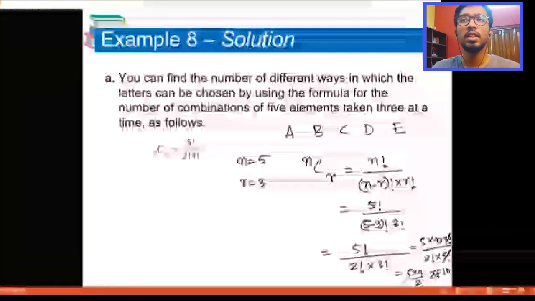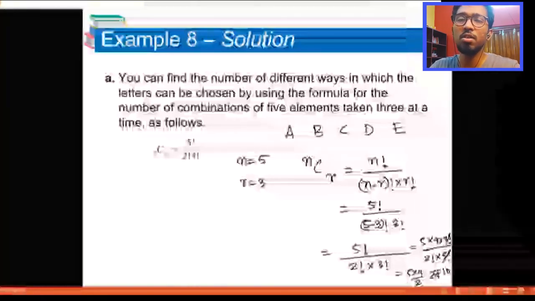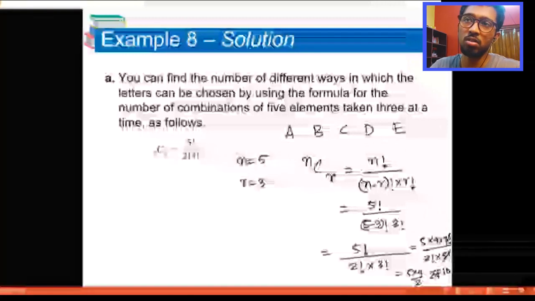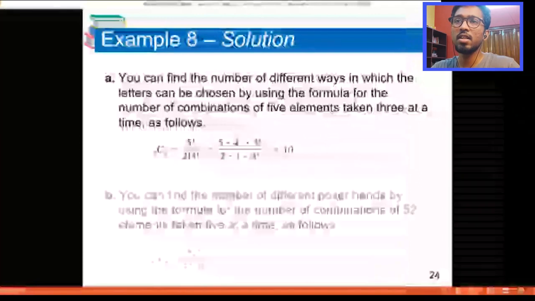So there will be 10 different three-letter selections when the order is not important. That is the first problem, and the answer is 10.